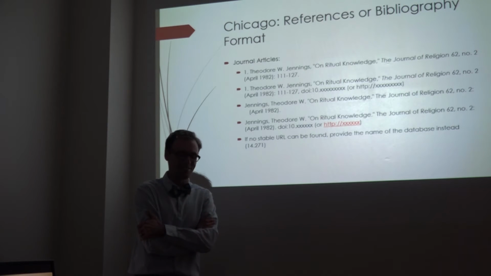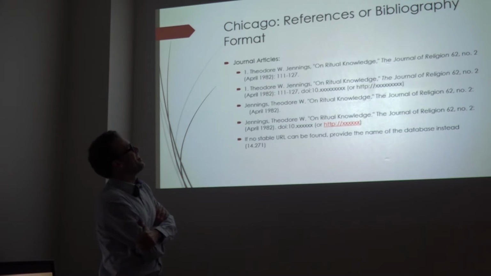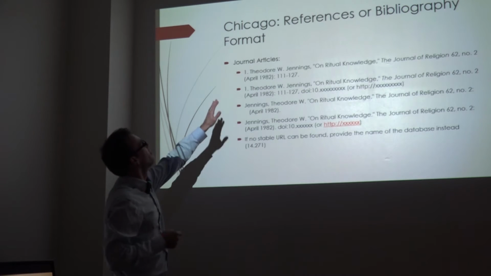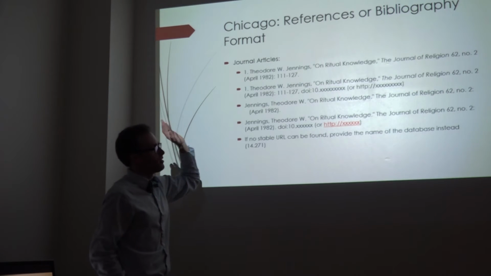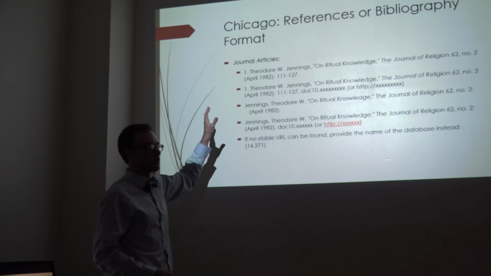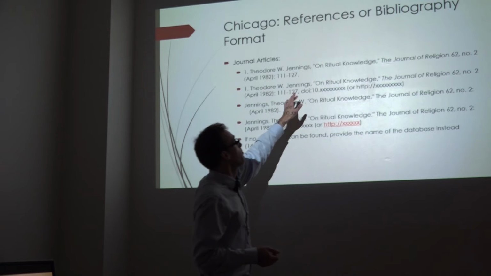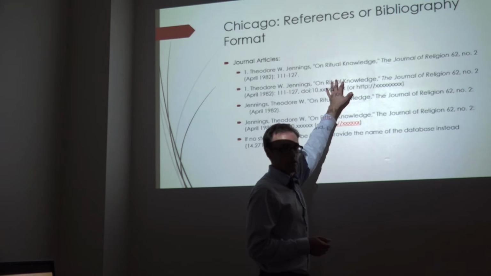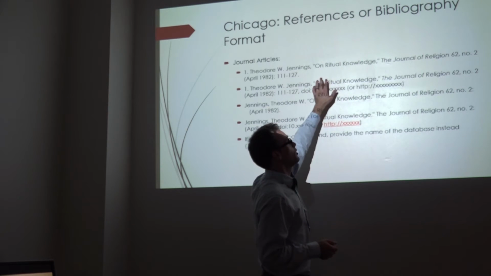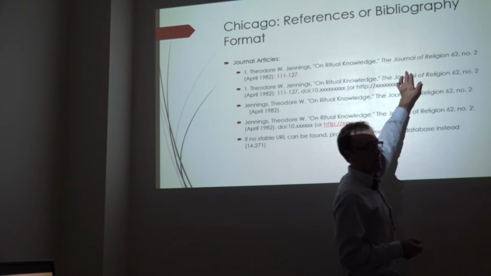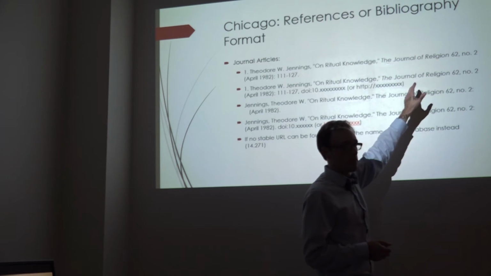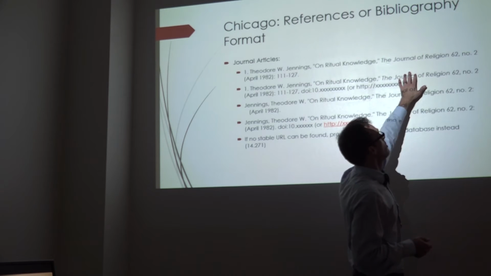Every period, everything. Okay. Journal articles. So, the format again is similar to books, except for some additional information. Author's name, the title of the work, the journal article in quotation marks. In italics will be the name of the journal.